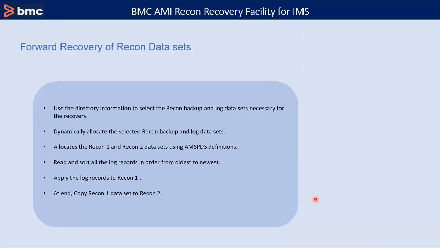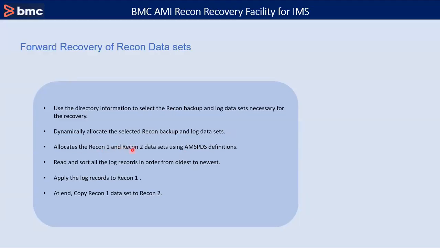Next slide. The forward recovery is a little more complicated. It uses the directory information to select the recon backup and log data sets necessary to run the recovery. It dynamically allocates the selected recon backup and log data sets. You also supply the IDCAMS define statements for the new set of recons.